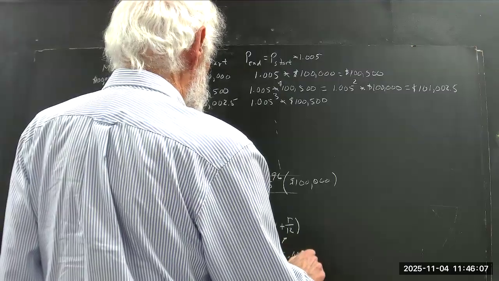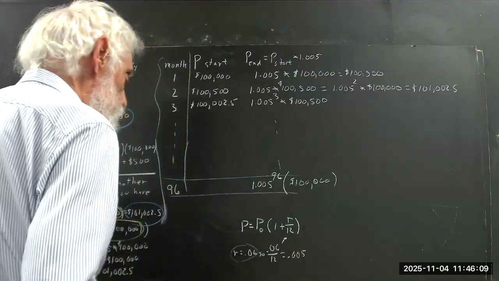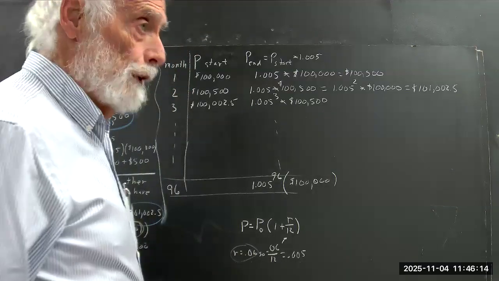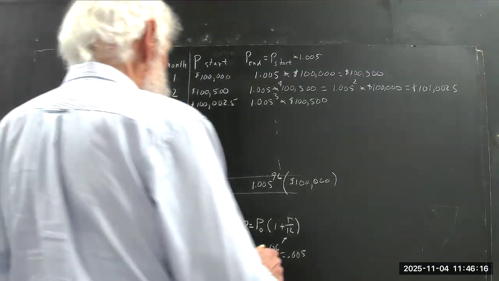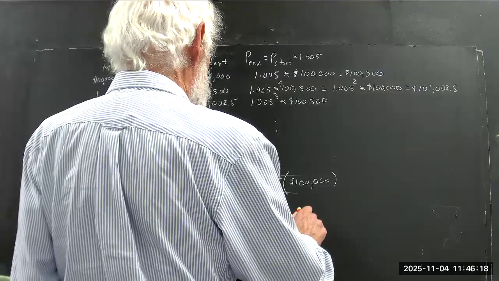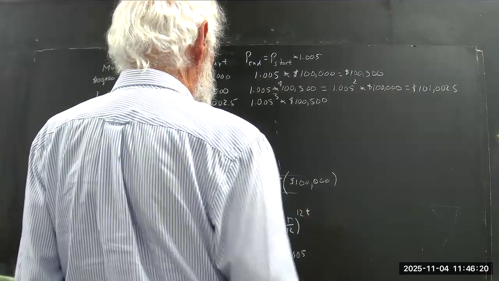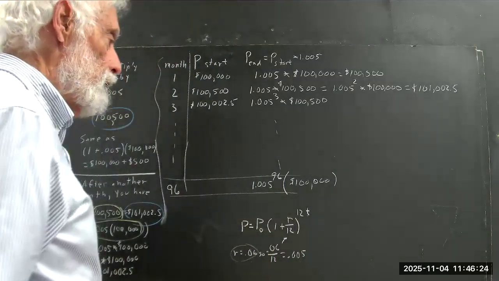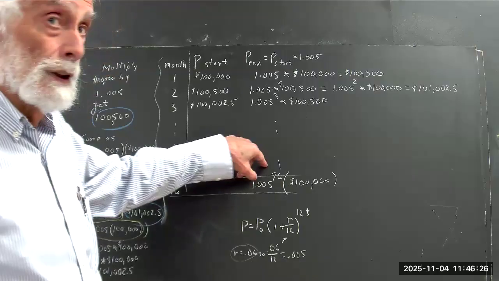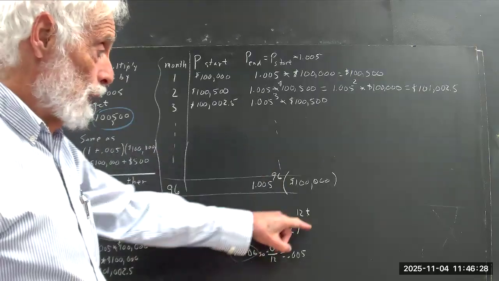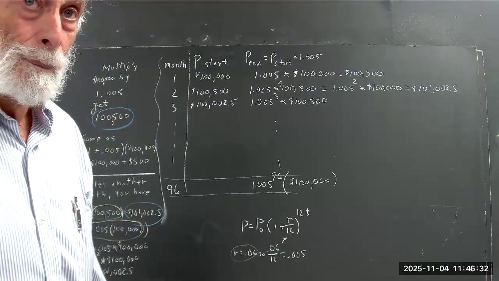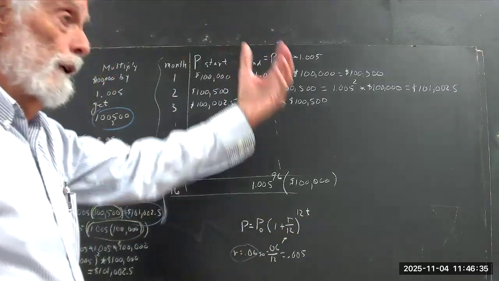There's your 0.005. And if T is in years, you raise it to the 12T power, because how'd you get 96? Well, it was 8 years, so you multiply 12 by 8. Okay? But now you can calculate it for any number of years.